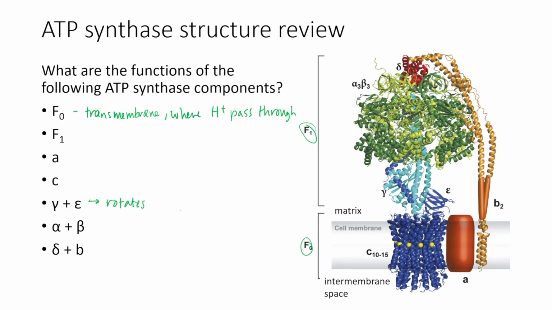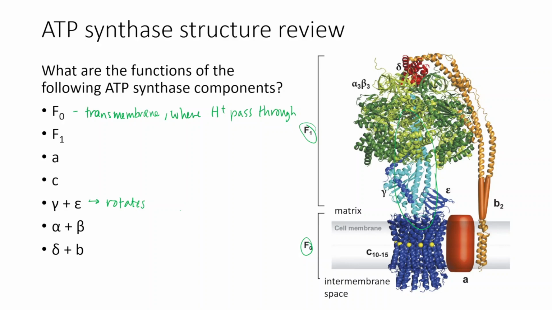So gamma and epsilon are this kind of rod shape over here. What are they attached to that is moving? There's only a couple options.